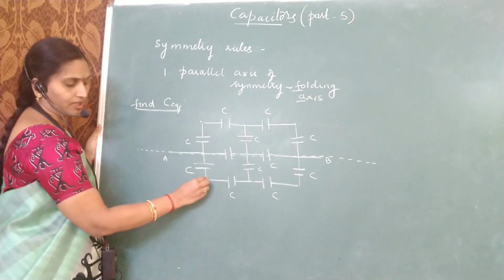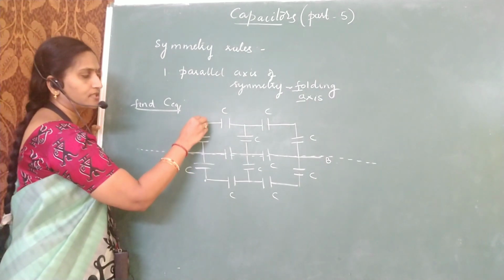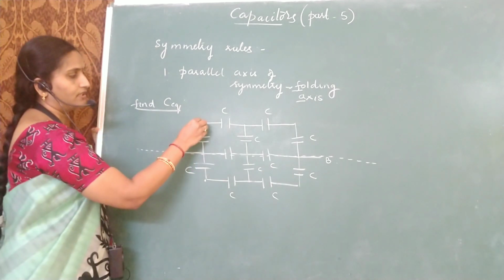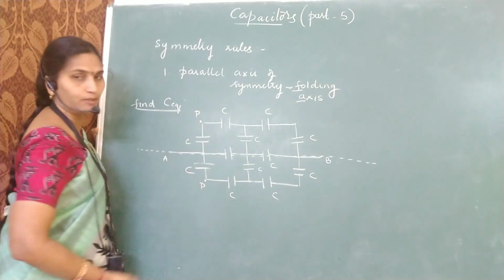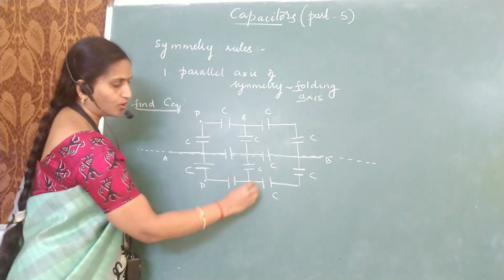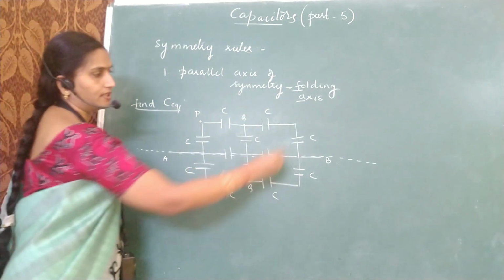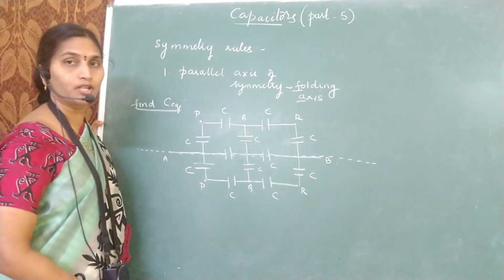This point will come in contact with this point. The points which are coming in contact are said to be at the same potential. If I name this point P, here also the potential will be P. So Q and Q are at the same potential, and R and R are at the same potential.